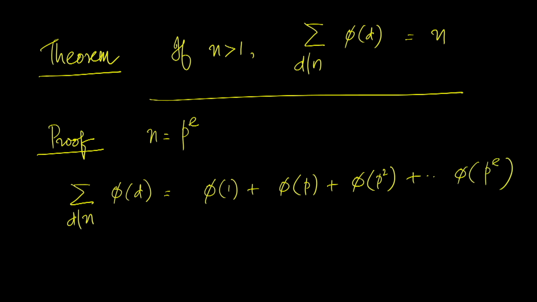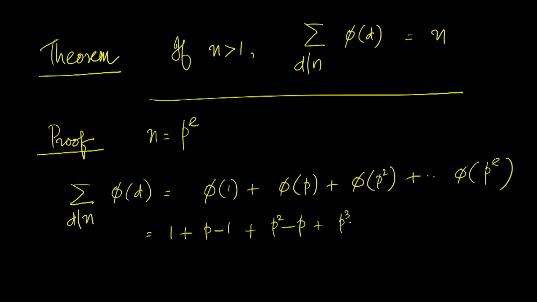These are the divisors of n when n is of the form p power e: 1, p, p squared, etc. But phi of 1 is 1, phi of p is p minus 1. As we have seen before, phi of p power e is p power e into 1 minus 1 by p. So, phi of p squared would be p squared into 1 minus 1 by p, which is p squared minus p.